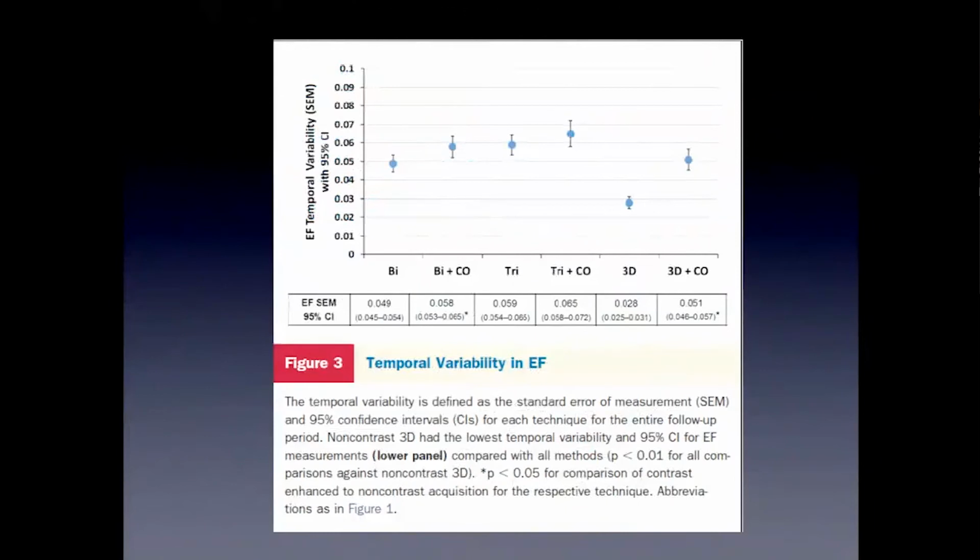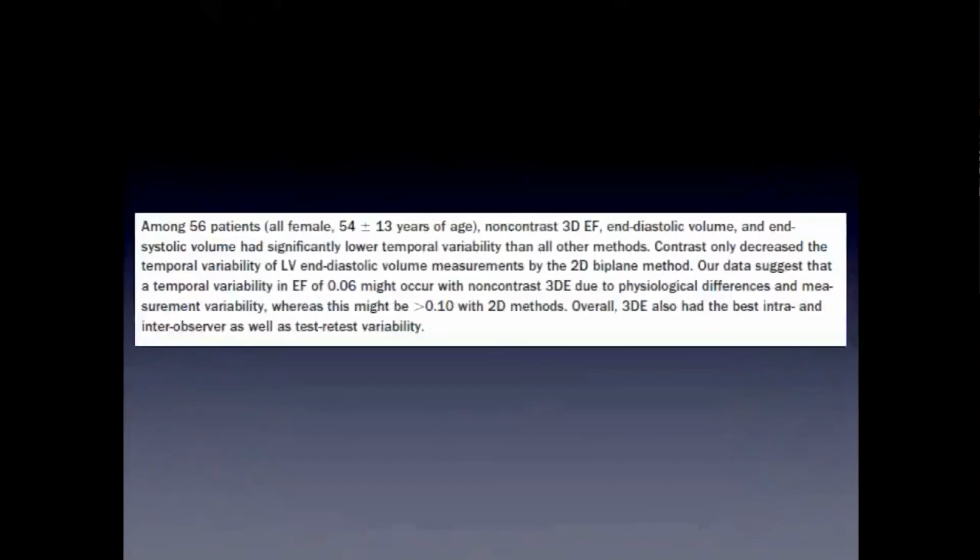It's very interesting. What we ended up finding out is that with 2D echo, we can only identify differences of more than 10 points of ejection fraction. It gets much better with 3D echo, as you can see, when we can recognize, and this is congruent with the information that I shared with you, differences of about 5 points of ejection fraction.